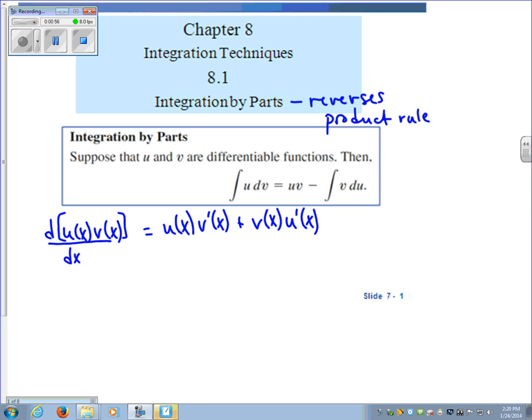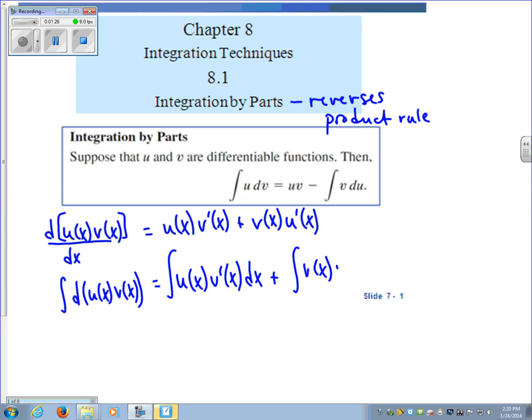Okay, now let's integrate both sides. Okay, so I'm going to rewrite this. The antiderivative of the left side, and I'm going to have the integral of u of x, v prime of x, dx, plus the integral of v of x, u prime of x, dx.